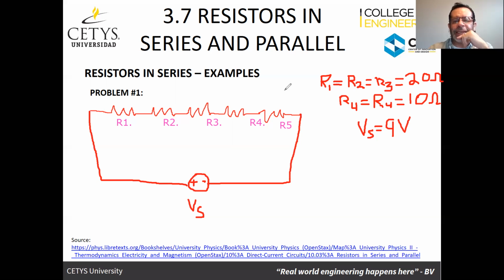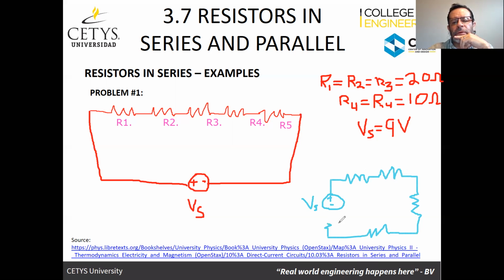By the way, this is one way of representing the circuit. Another way of representing exactly the same circuit, I could have said this. This is exactly the same circuit. Is that clear to everybody? I'm just rearranging it, but it's exactly the same.